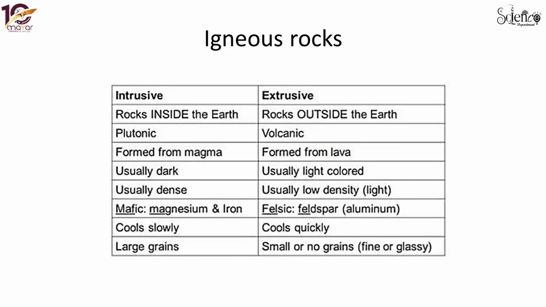What do I mean by plutonic and volcanic? Volcanic, I mean eruption. Plutonic, I mean movement of tectonic plates. Okay? Intrusive formed from magma, extrusive from lava. Intrusive, dark, extrusive usually a lighter color, but not necessarily.